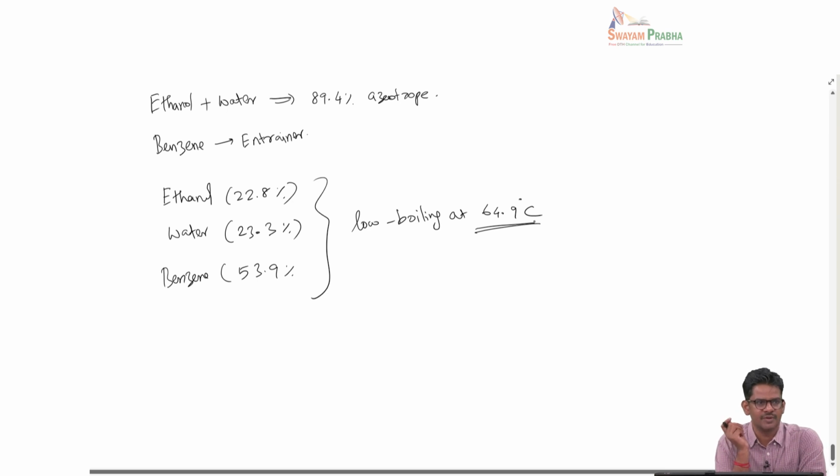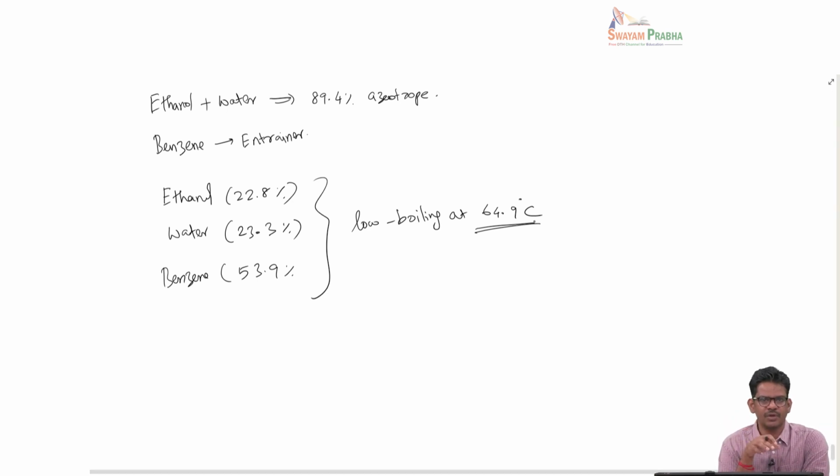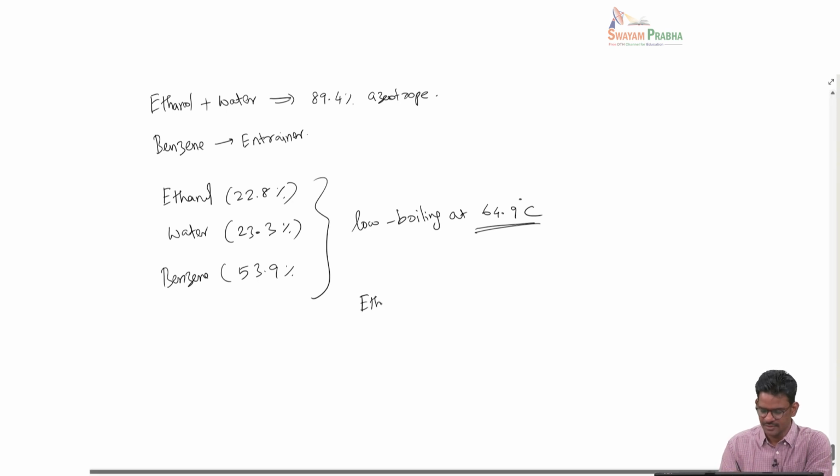Celsius. Okay. So then what you can do is you can have a distillation column so that the top product comes out as an azeotropic mixture and the bottom product will be ethanol rich residue boiling at 78.4.